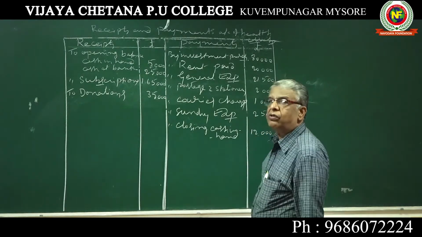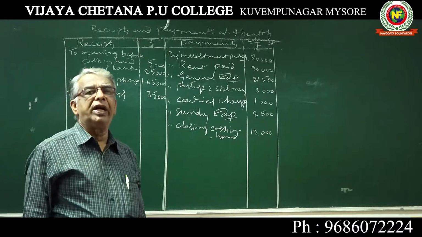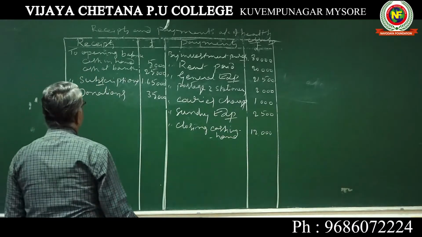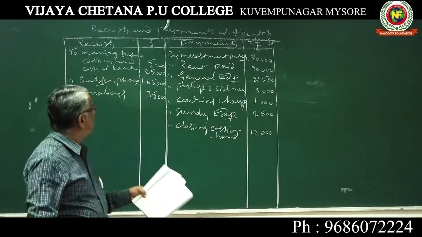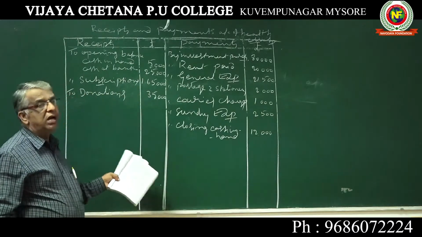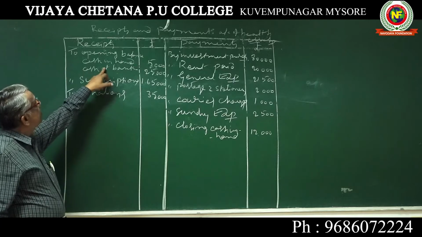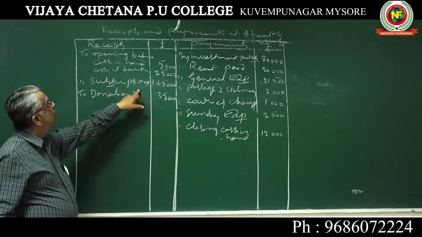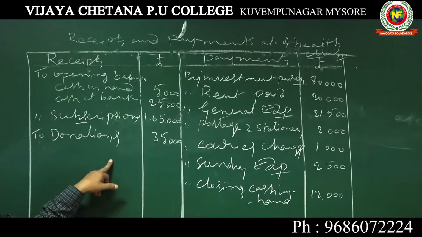Now we have to find out what is the cash at bank. Closing cash at bank we have to find out. That can be ascertained by finding out the difference between the receipts and payment side. As you know, here we have taken cash in hand, cash at bank, subscriptions received from the members and donations received from the public.